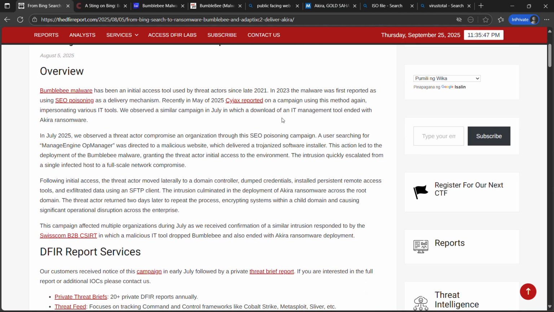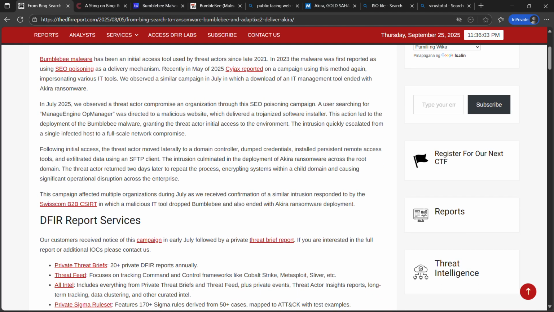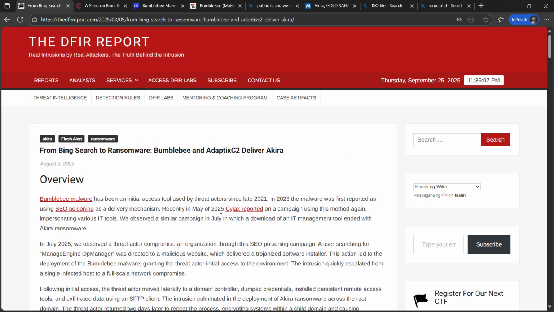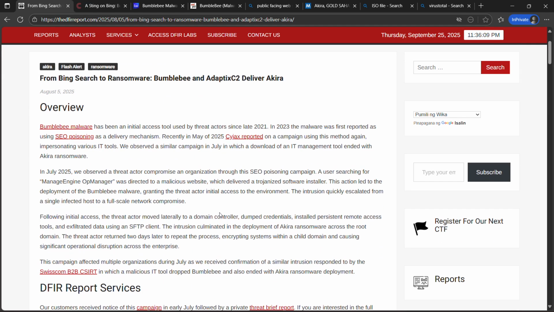But if it's like a proper website that you can scroll and you can click on the application that you want to download, I think it will be more believable and people will actually be tricked into downloading and installing that file.